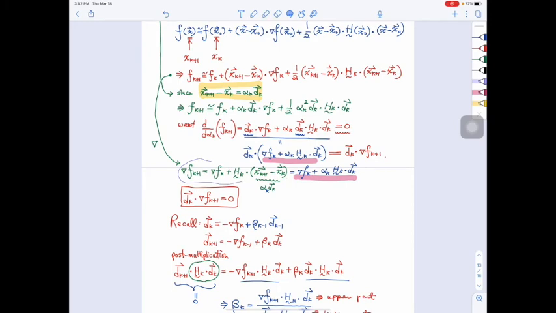You need to rewrite the gradient f here. So using which one? Here we are going to use the definition of dk. At the beginning, we already defined this dk.